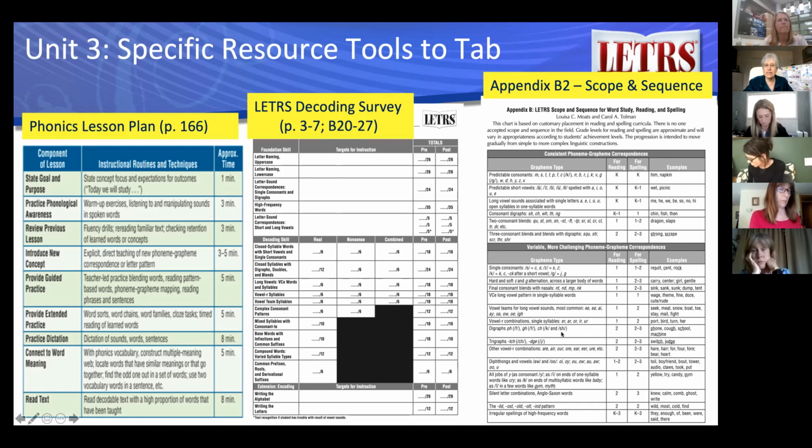I look here and it says we've gone ahead and done controlled vowels. So in my story that I might choose for a controlled text, I would be able to include some of those patterned words because they've already had experience with it. So that's how a scope and sequence really provides support.